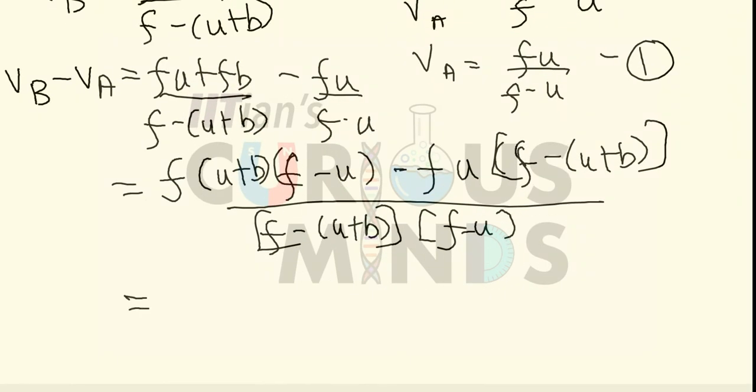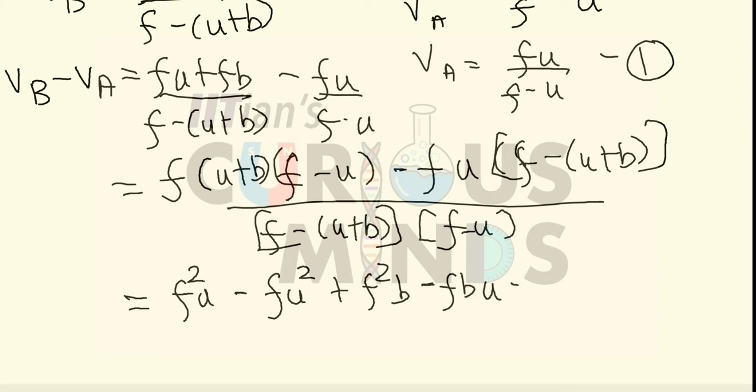When I open the bracket, the numerator is f square u minus f u square plus f square b minus f b u, minus f square u plus f u square plus f u into b.